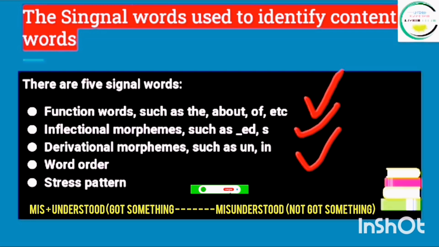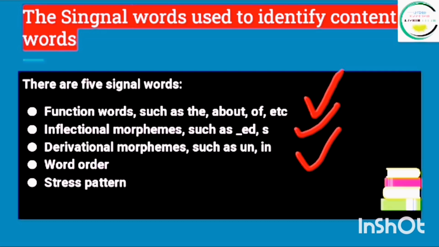If we add the prefix, the derivational morpheme mis, to the word, it becomes a contrary word. Misunderstood has an opposite meaning to the word understood. So we may use inflectional morphemes or derivational morphemes to identify content words in a sentence.